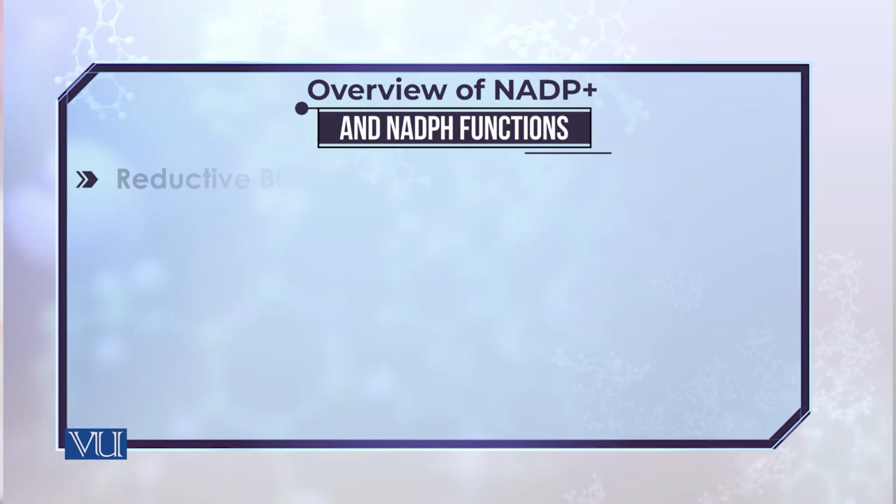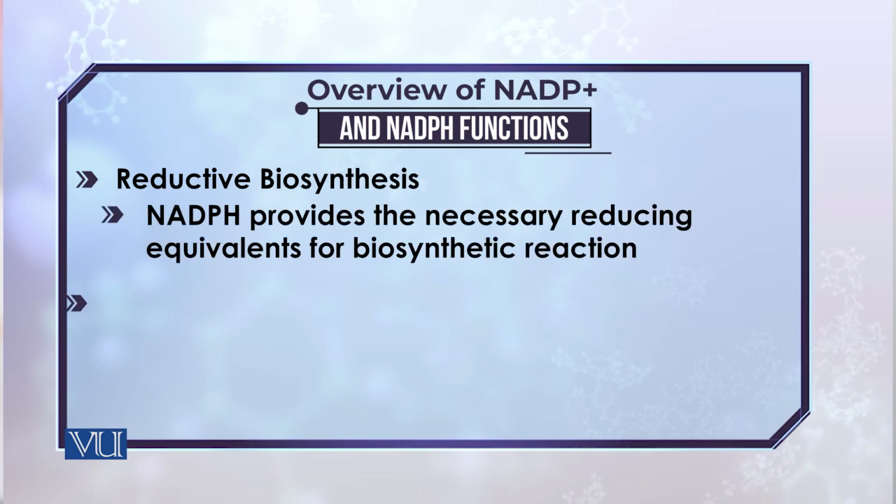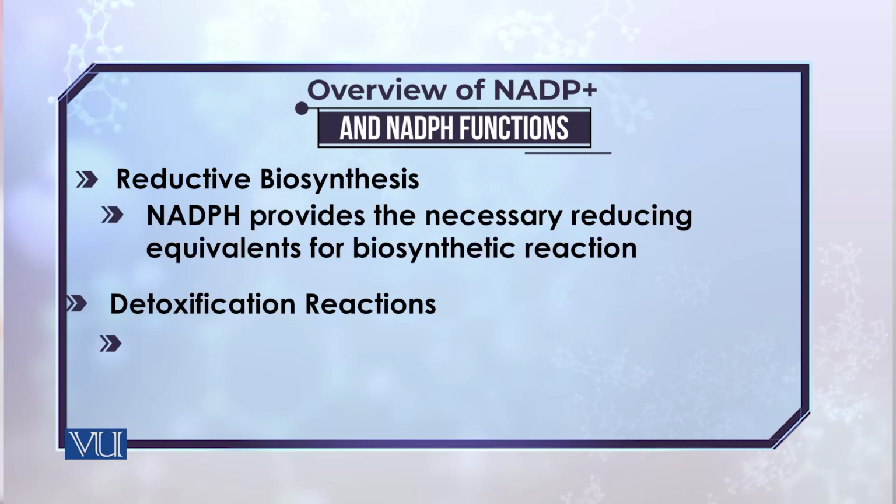But there is another role of NADPH which is not as well known as its role as a reducing equivalent, and that role is detoxification reactions. What is meant by detoxification reaction?